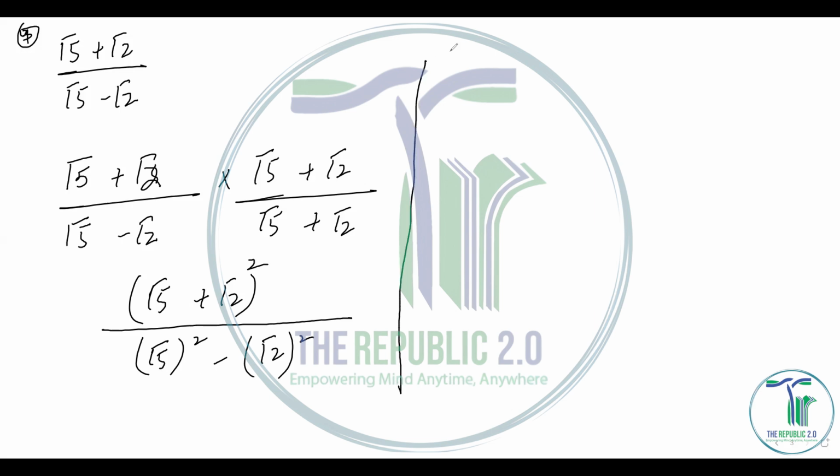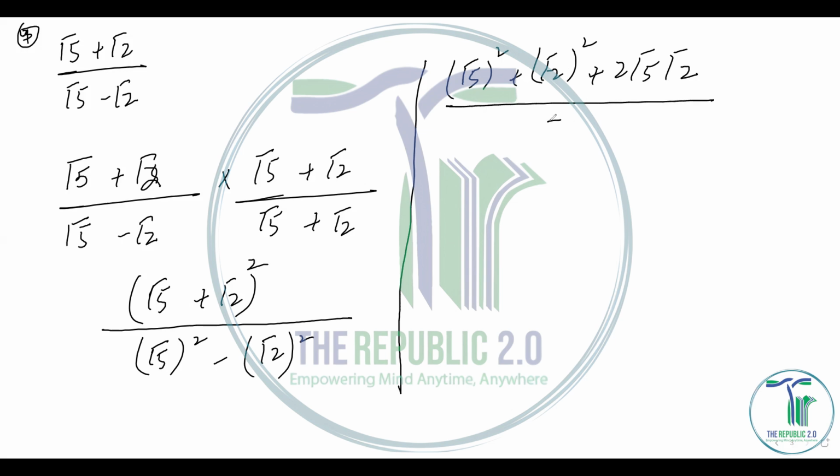Now by opening up the square, I should be having root of 5 square plus root of 2 square plus 2 times root of 5 times root of 2. So now I would be having 5 minus 2 in the denominator, and eventually I would be having 5 plus 2 plus 2 root of 10 divided by 3.